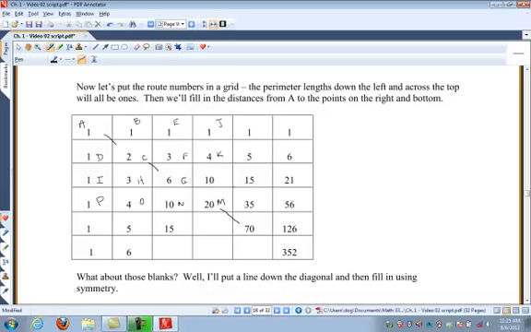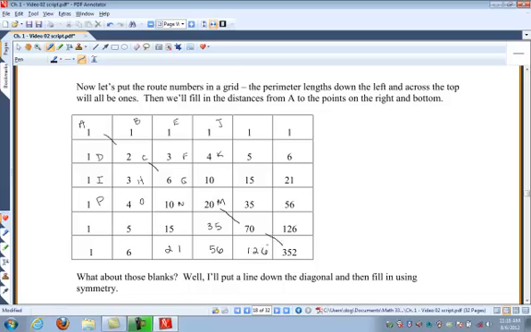And the numbers are symmetric about the diagonal. If there's a 35 here, then there's a 35 here. And let's see, I've got a 15 here, 15 to 21, 35 to 56, 70 to 126.